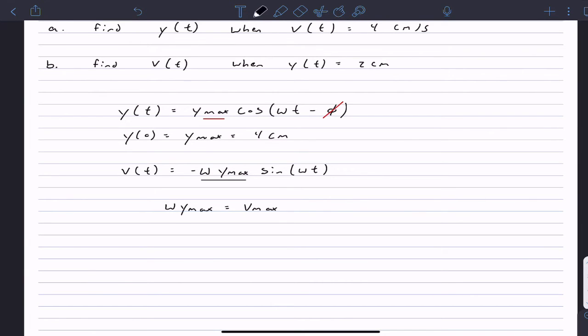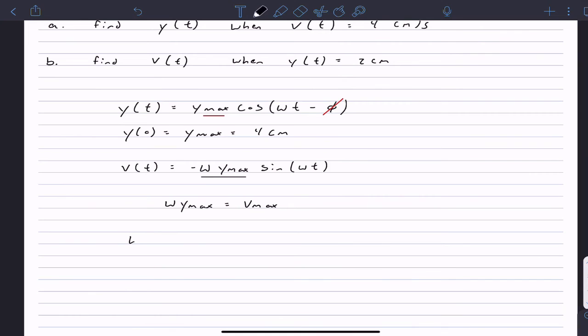Okay. So now our oscillation speed omega is v max over y max, which is equal to 10 centimeters per second over 4 centimeters.